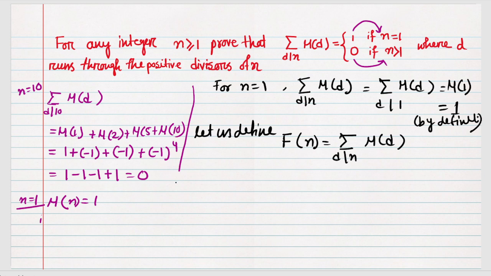By our known result, if f is a multiplicative function, then capital F of n equals the summation of small f of d, d dividing n, is also multiplicative. So since mu is a multiplicative function, we can say that capital F is a multiplicative function.